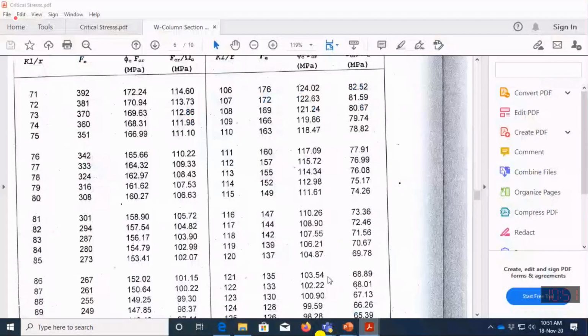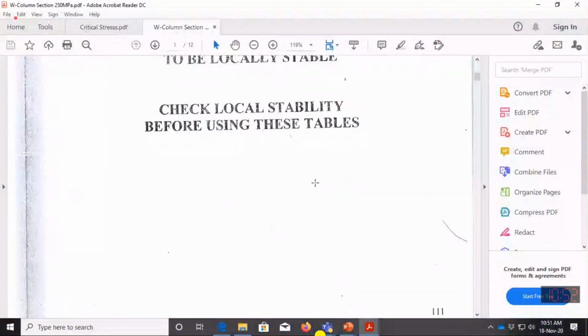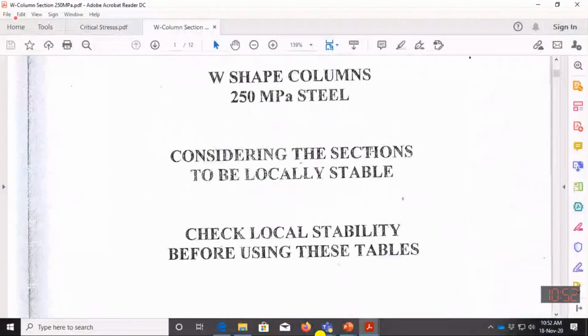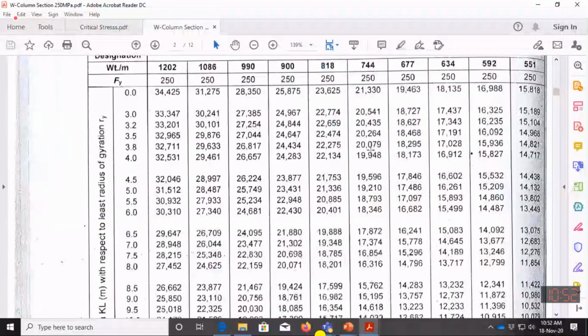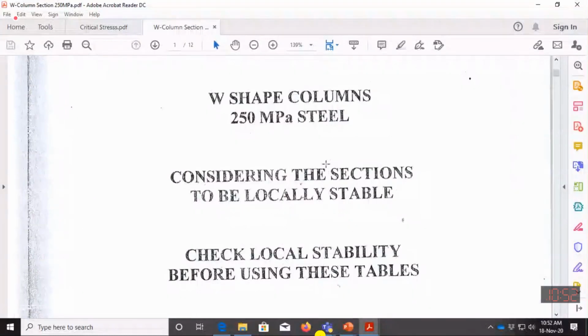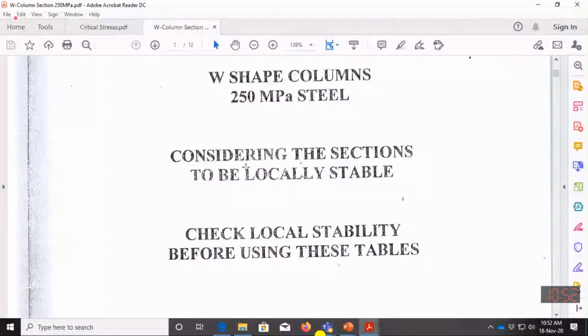So what these tables are intended to be used for. Actually in this table, they have only grouped those sections which are locally stable.